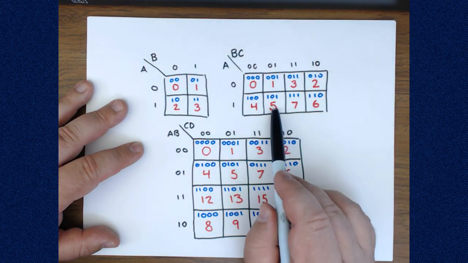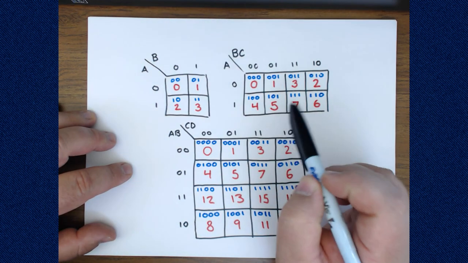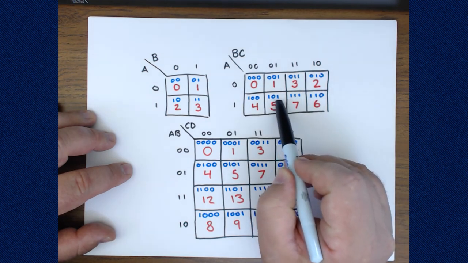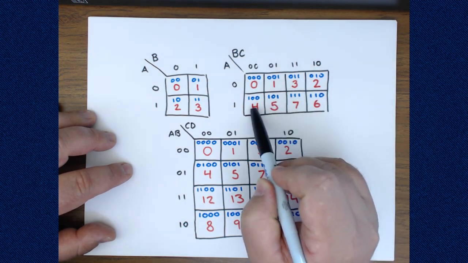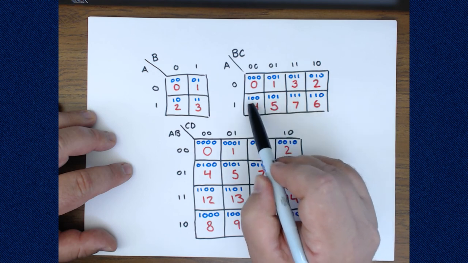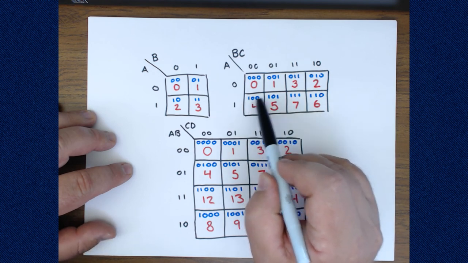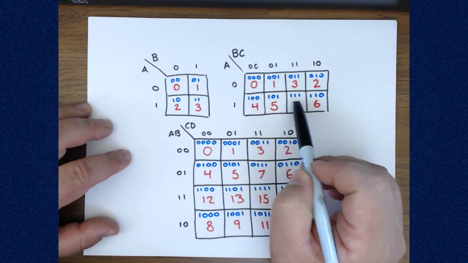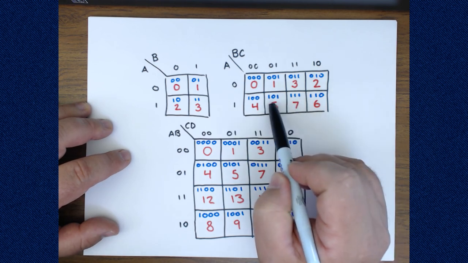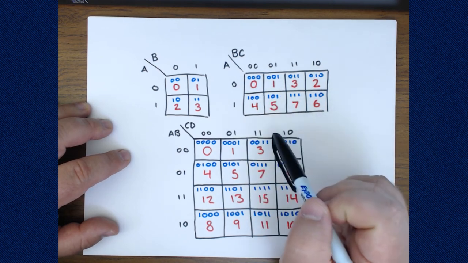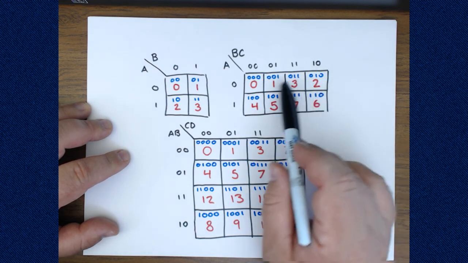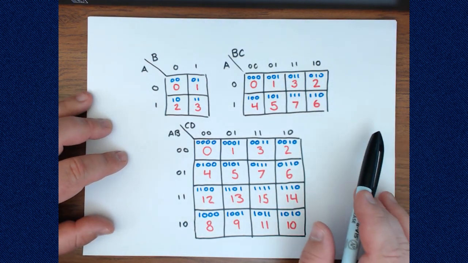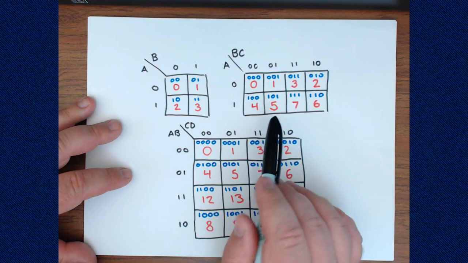So if we pick cell 5 here for minterm 5, it's the bit pattern 101. If I go to the left 1, I get 1 bit of difference because I don't have 101, I've got 100. If I go to the right, the middle bit changes. If I go up 1, the leftmost bit changes. And that's going to be true for every one of these cells. You can look through that later to understand that it is.